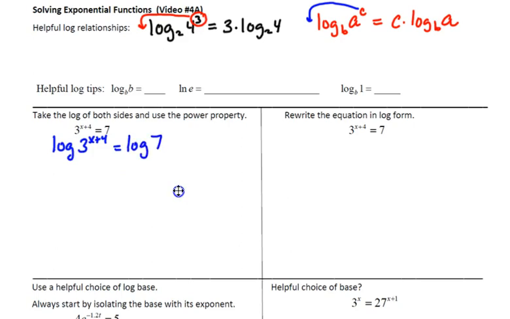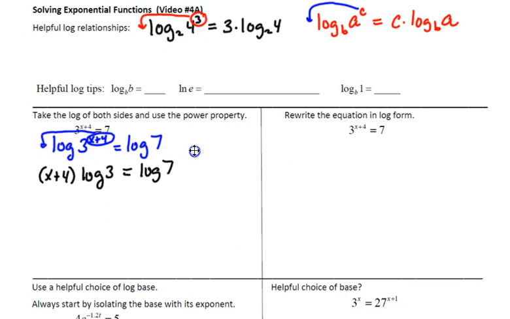Now here's where the power property comes in handy. The thing I'm trying to solve for, x plus 4, is in the exponent position, so I can move it to the front: x plus 4 times log of 3 equals log of 7.